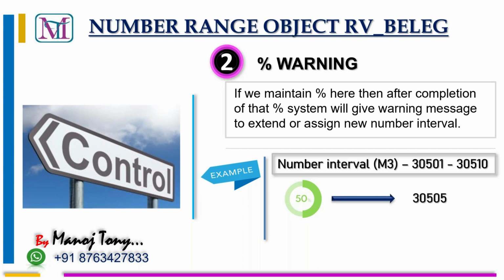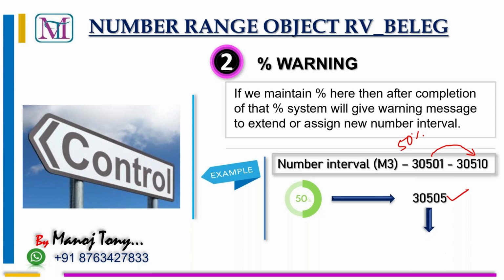So when 50% of the number interval is completed, the system will give a warning message. In 30,501 to 30,510, 50% is 30,505. When we reach that number, the system will start giving the warning message.